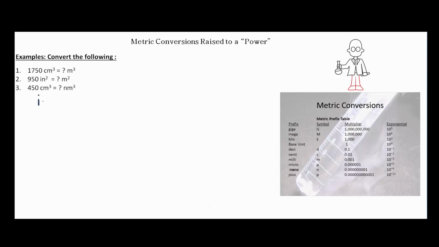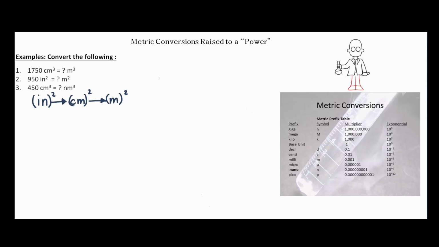So we can say we know a relationship between the inch and the centimeter, and we know a relationship between the centimeter and a meter. So we would be squaring all of these things in order to get to meters squared.